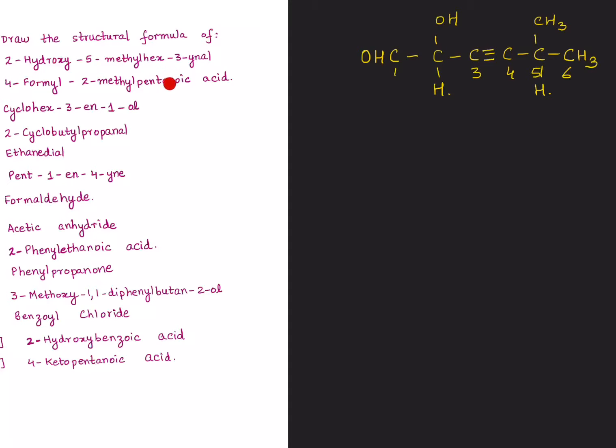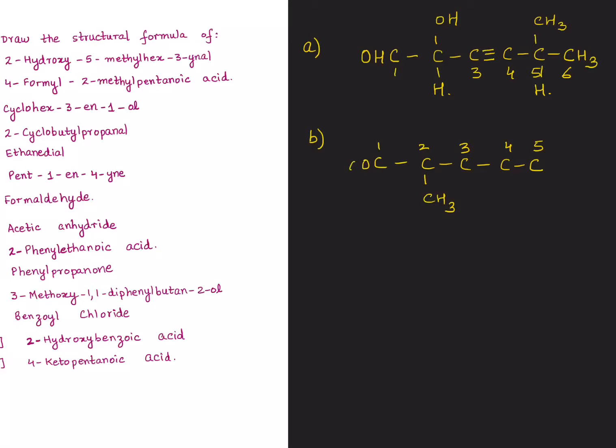Now here, look at the word root. Pentanoic, right? So penta means I will have 1, 2, 3, 4, 5. Number it 1, 2, 3, 4 and 5. At the second position, we have a methyl group, pentanoic acid.